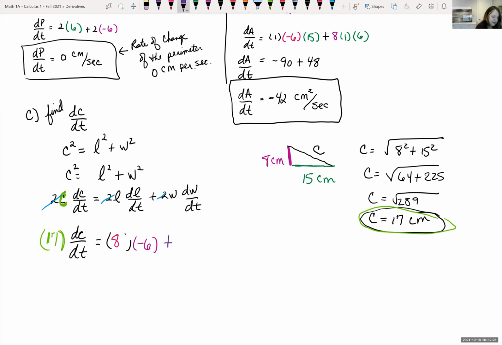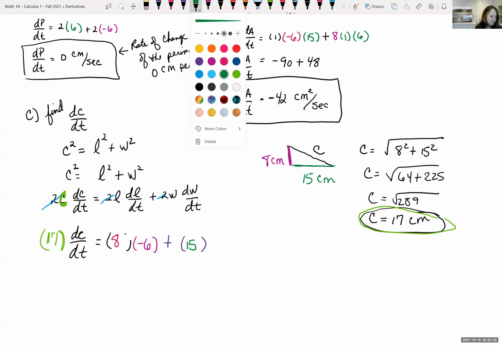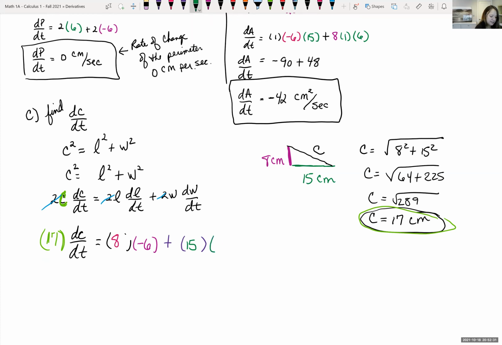Plus W in this case was 15, times the rate of change of my width, and the rate of change of my width, that was positive 6. So I have 17 times dc/dt, or let's just divide by 17 right now. And then we'll simplify. So we get dc/dt.